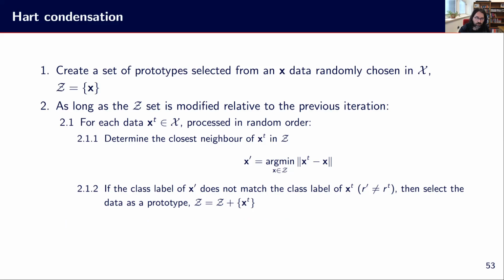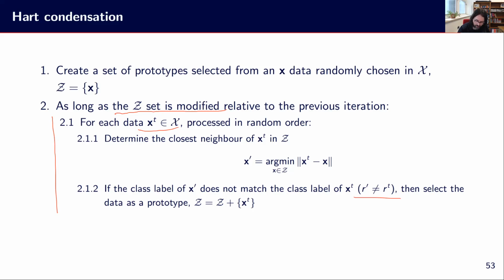And we are repeating this as long as there is a modification to Z. As long as Z is modified, meaning that we added one or many samples to Z during our iteration, we are repeating it. And once we make a full pass on X without adding anything, so the labels are always matching, then we are stopping and we say, okay, now we are done.